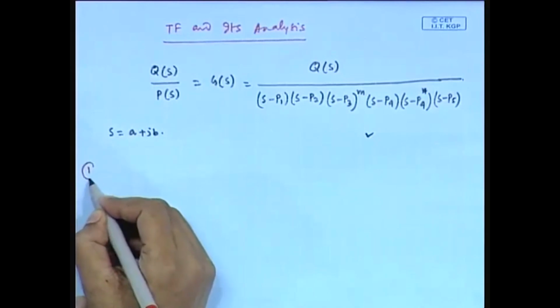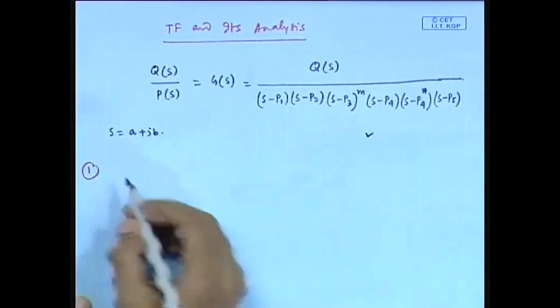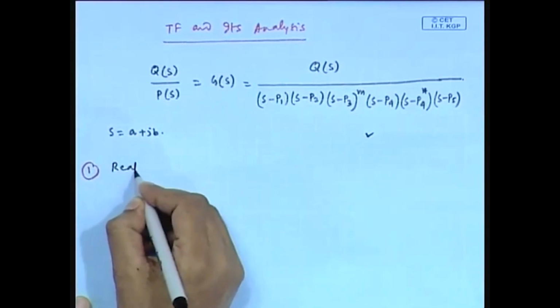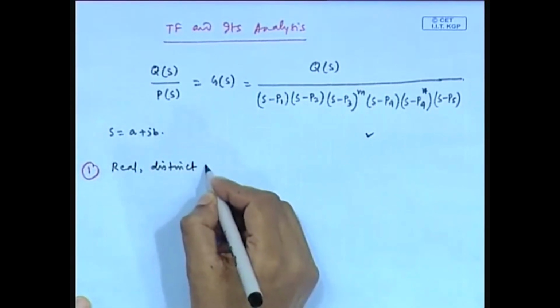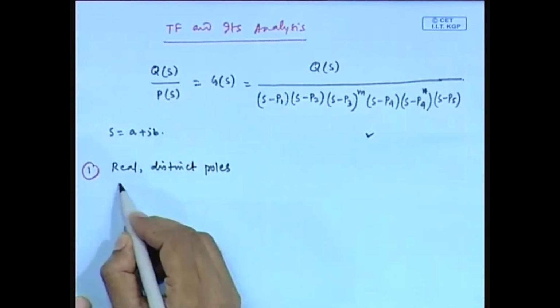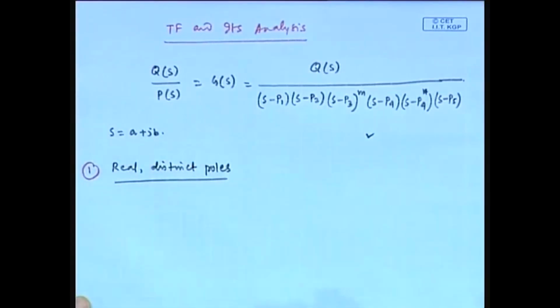So, first we will consider distinct real poles. So, in the first case we will consider real distinct poles. Fine.